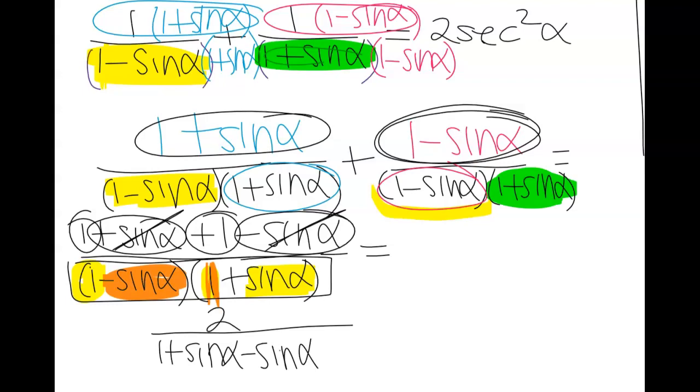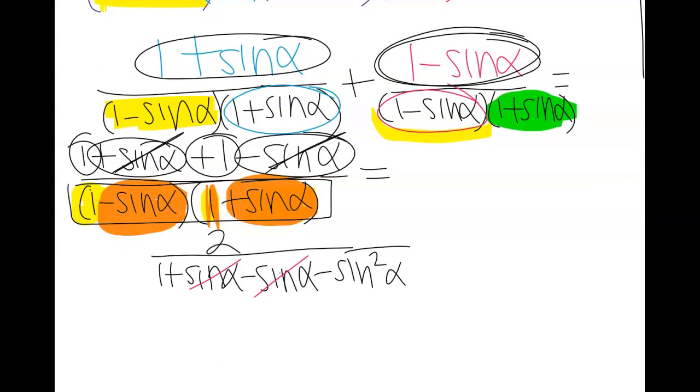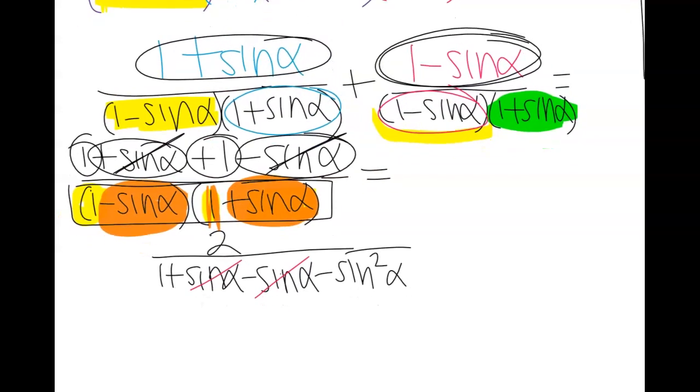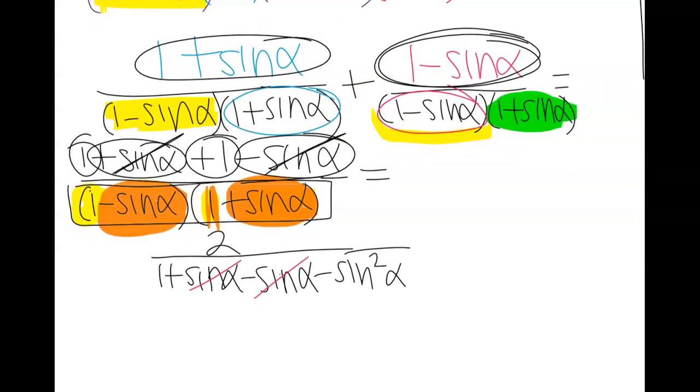And then finally, negative sine alpha times positive sine alpha will give me negative sine square alpha. You could see clearly the two terms in the middle will cancel each other out because they're opposites. And so now we have 2 over 1 minus sine square alpha.